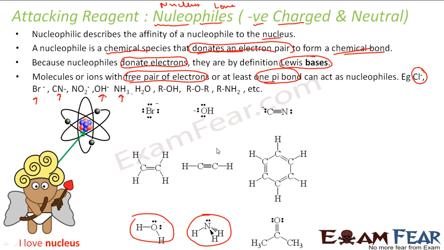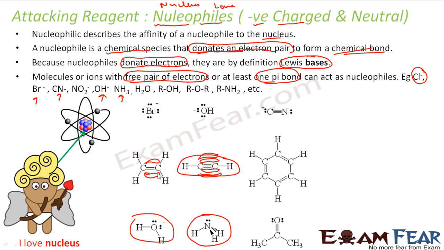As I told, the one with the pi bond, if you see ethyne, has a pi bond, and this pi bond is nothing but an electron cloud. They are electron rich clouds, right? And since they are electron rich, they can also be nucleophiles. Ethene can also be a nucleophile because here we have one electron cloud.